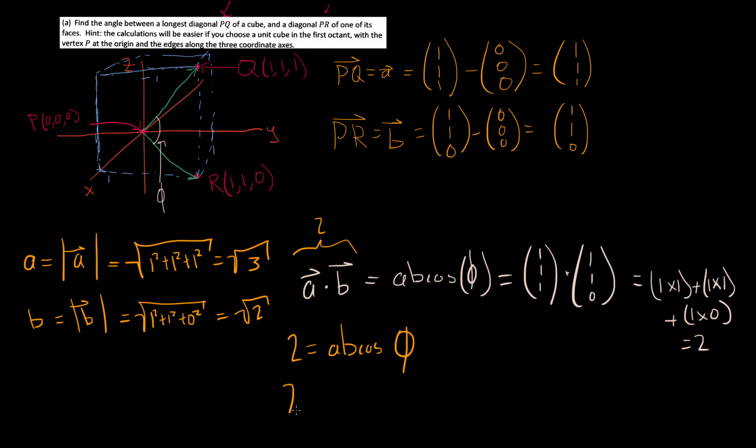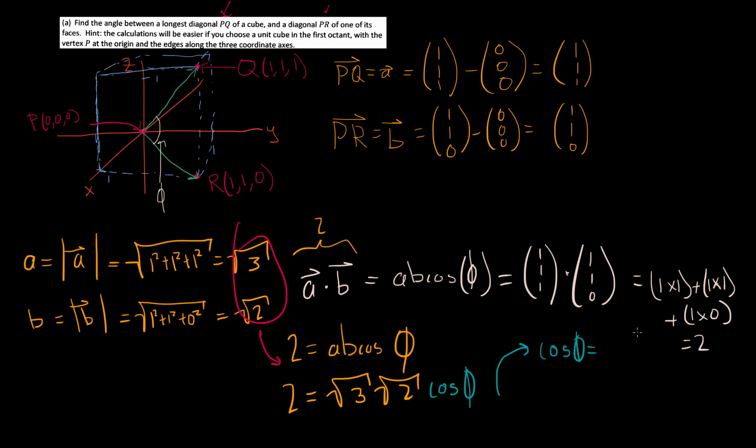We can make the assertion that 2 is going to be root 3 times root 2. I'm just plugging these in here. Plugging it in here. And that's all going to be times cosine phi. And then we can, from here, get the equation: cosine phi equals 2 over root 3 root 2.